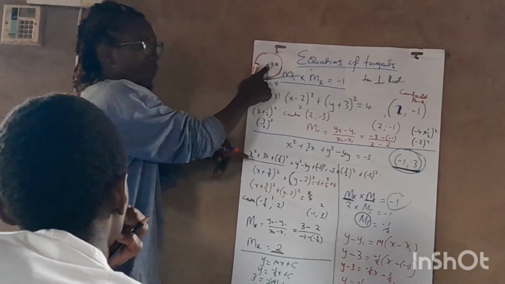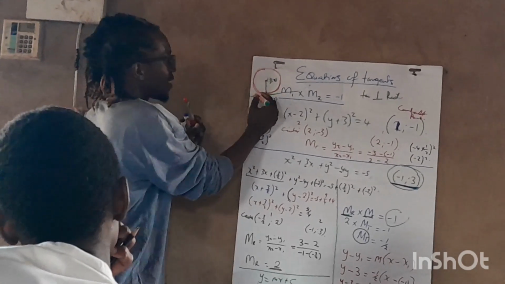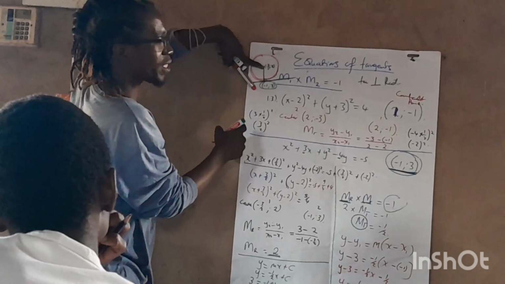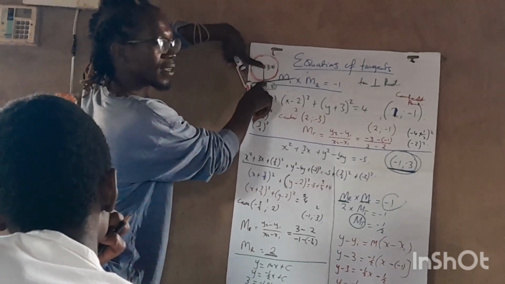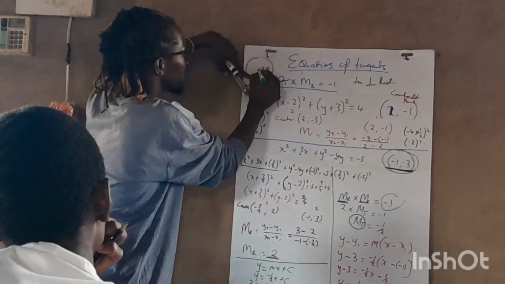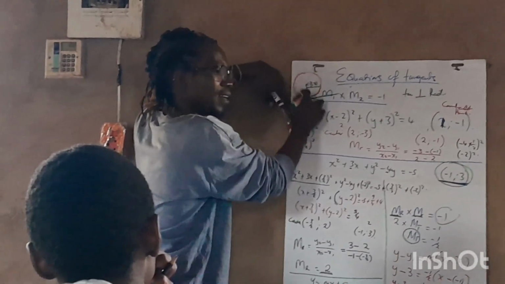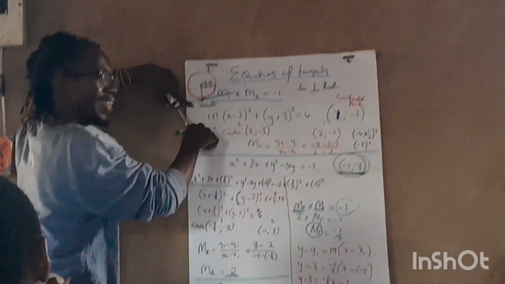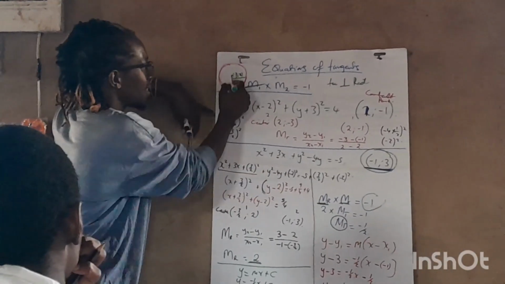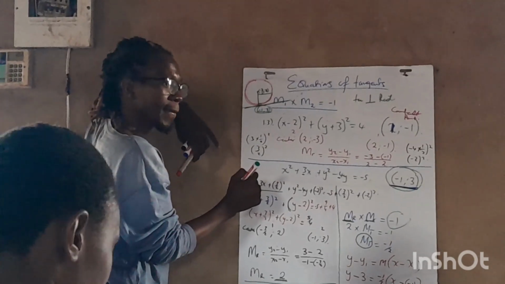So this point is on the tangent. That's why we use this point on it. This point you can use to find the gradient of the radius. So we can use this point and this point to find the gradient of the radius. And from that we can use the knowledge that these things are perpendicular. Right?